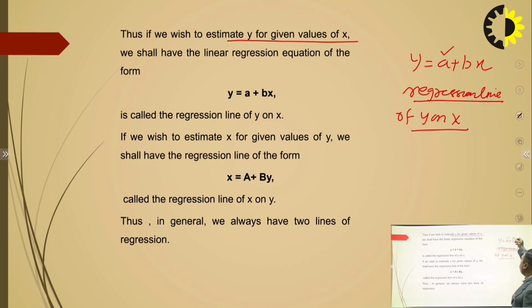Here a and b are parameters which are to be found out. For various values of x, we have to calculate the value of y and establish the relationship y is equal to a plus bx. To find the best estimation, we have the relation for this.